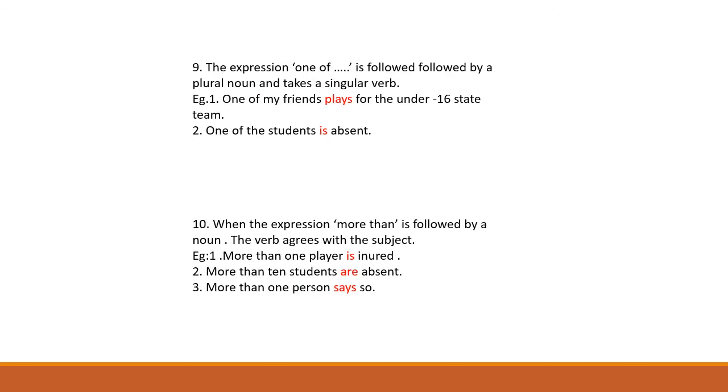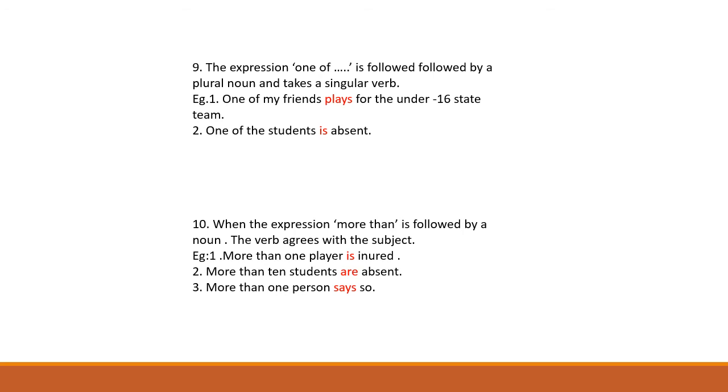The expression one of is followed by a plural noun and takes a singular verb. For example, one of my friends plays for the under 16 state team. It begins with one. Friends is plural, but the expression begins with one among the many, so the singular verb plays.